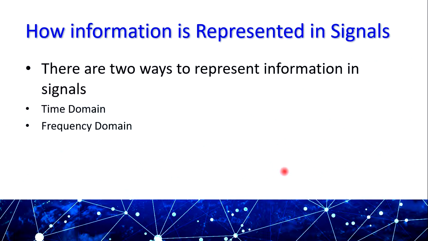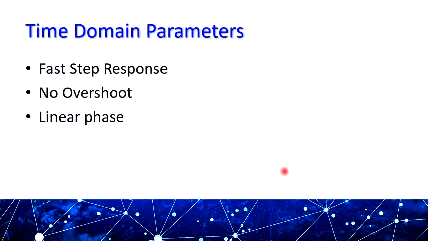Now, how is information represented in signals? There are two ways to represent information in signals. The first one is time domain, and the other one is frequency domain.